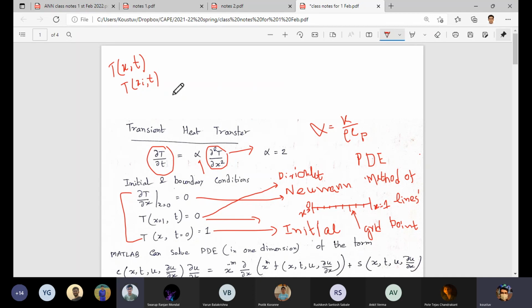So by doing that discretization, we no longer remain in the same position. That means temperature is now only a function of time, because we are specifying the values of temperature at each of the grid points. So now as the time evolves, progresses, we are going to see how the temperature at each of the grid points varies.